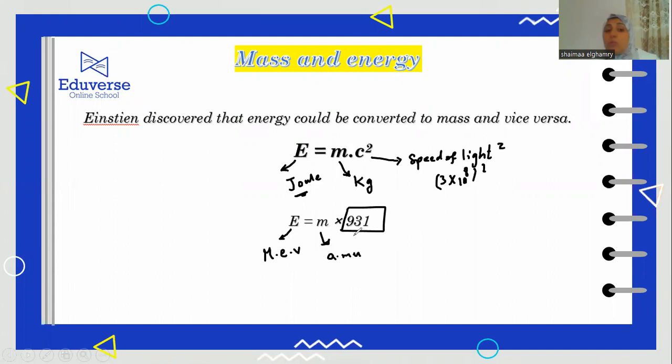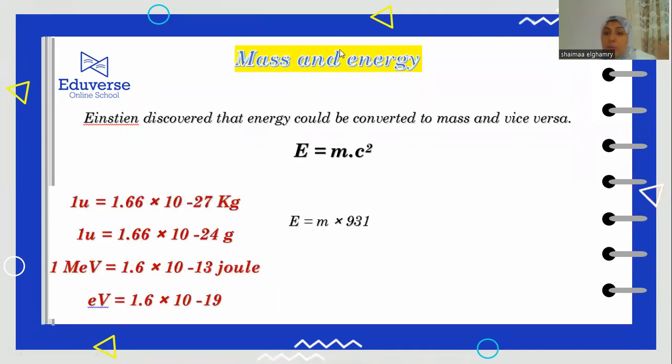One equation calculates the energy in joules, with the mass in kilograms, and the constant is the speed of light squared. The second equation calculates energy in million electron volts, with mass in atomic mass units, and its constant is 931.